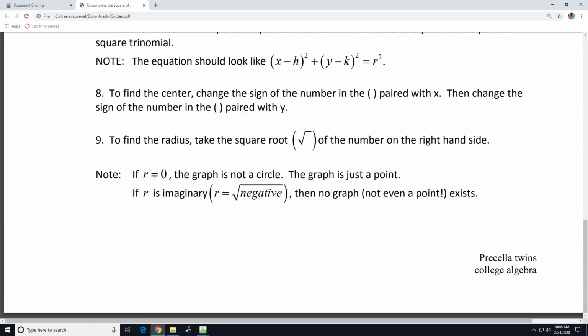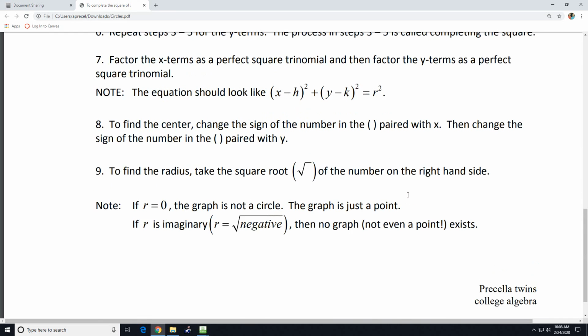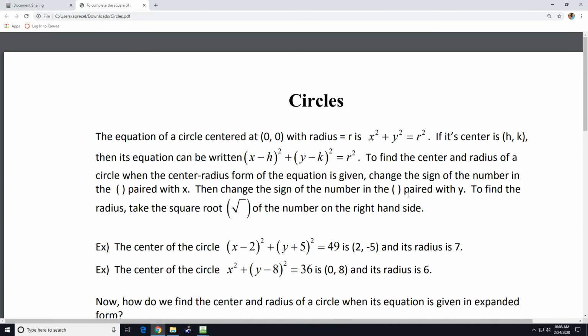If r is 0, these are the special cases. It's not a circle, just a point. If r is imaginary, no graph, not even a point exists. And so this is a handout I typed up years ago before I had the videos. It's now obsolete, really.